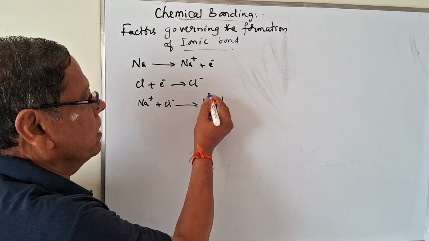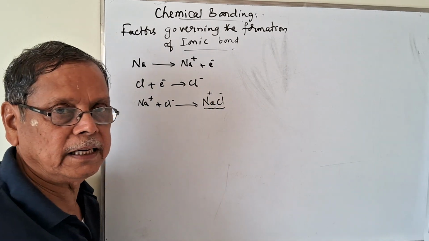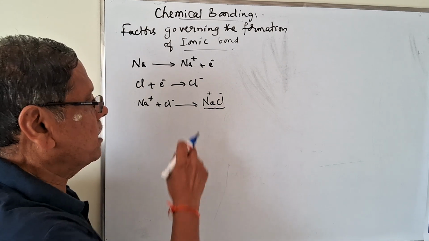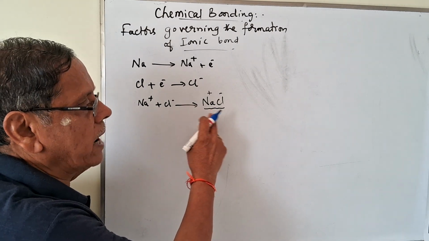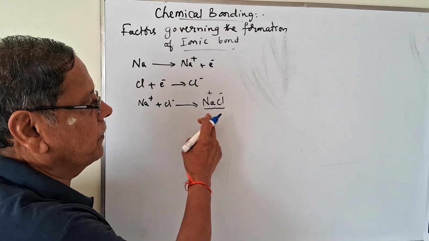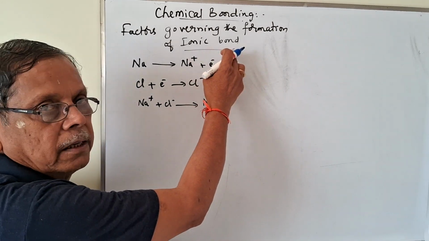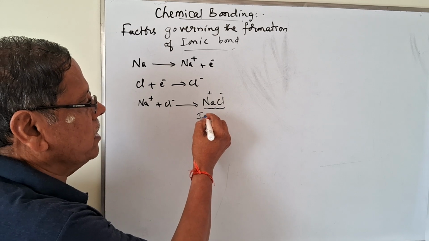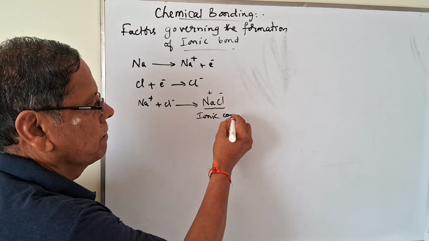So the sodium ion and chloride ion are also present in the solid state. Such a bond which holds two oppositely charged particles by means of attraction is called the ionic bond, and the compound is named the ionic compound.